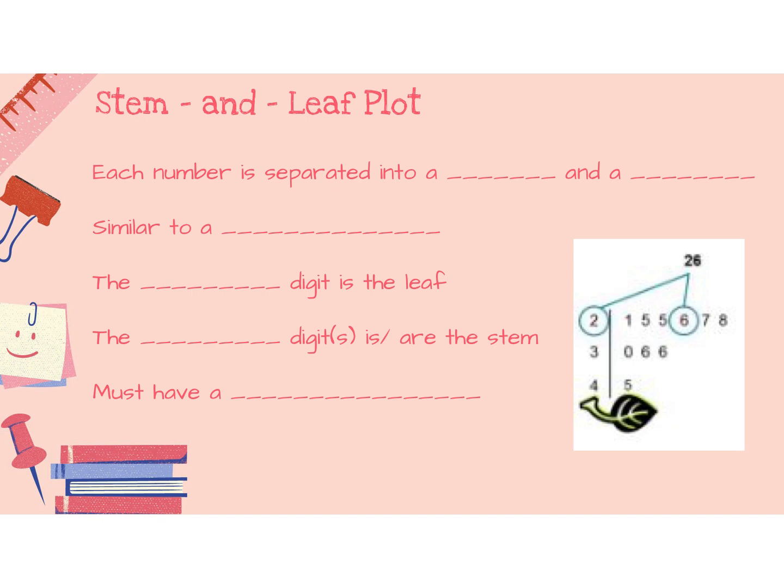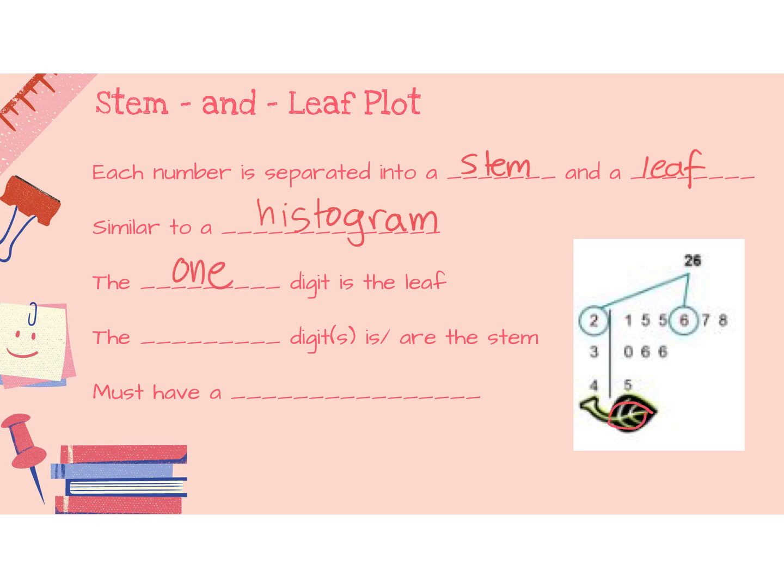So a stem and leaf plot, each number is separated into a stem and a leaf. It is very similar to a histogram in how they're grouped, because the stems kind of become our classes. The ones digit is the leaf.